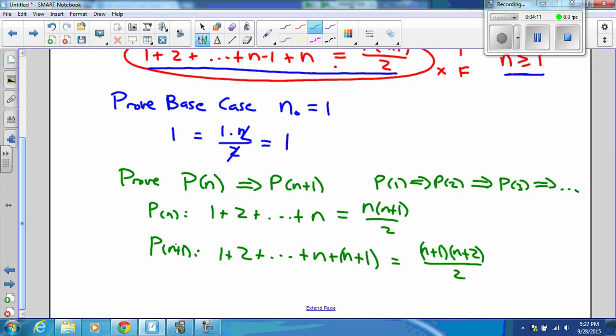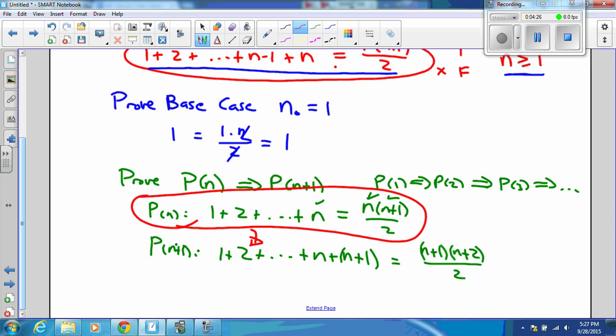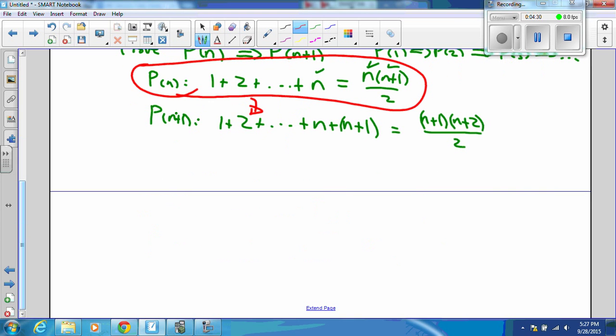In other words, I simply substituted in n plus 1 everywhere where there was an n. And so what we're trying to show is that if P of n is true, then that will force P of n plus 1 to be true also.